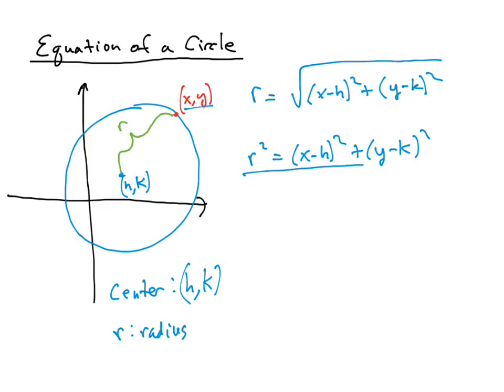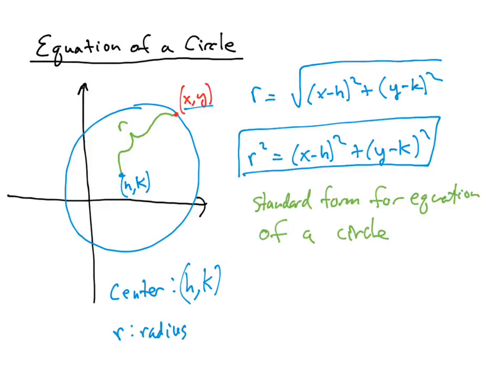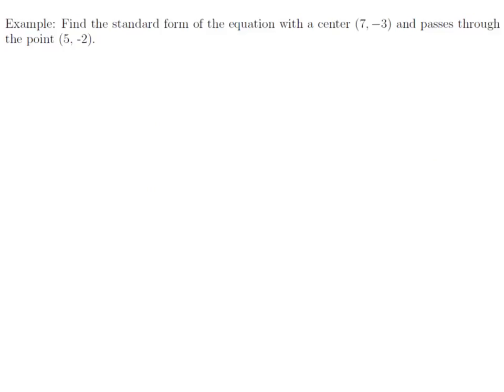And that is the general or the standard form for the equation of a circle. And that circle has a center at (h, k) and a radius equal to r.